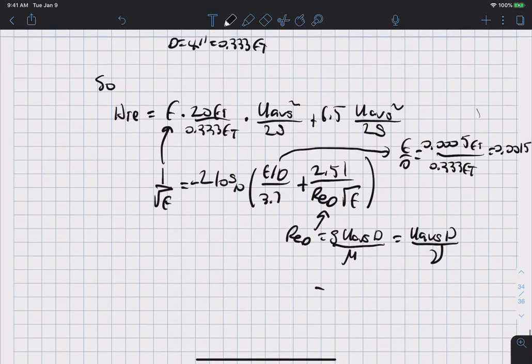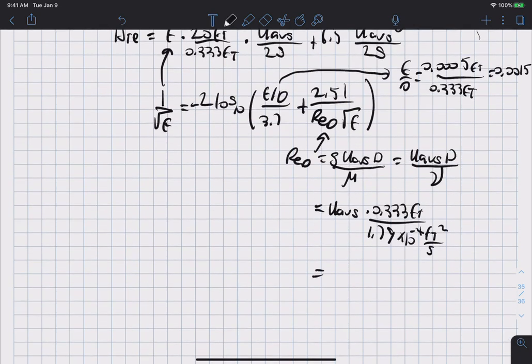So the Reynolds number is equal to the average velocity, which we don't know, times 0.333 feet over 1.79 times 10 to the minus 4 feet squared per second for the kinematic viscosity. The Reynolds number based on diameter is equal to 1860 seconds per foot times U averaged.